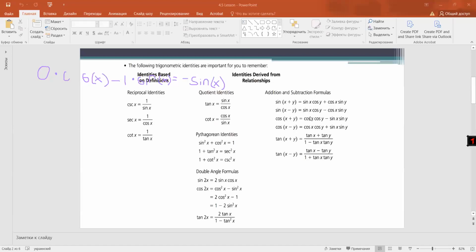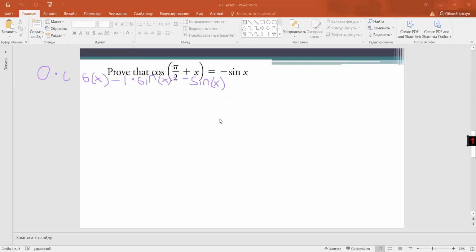Some of the basic formulas could be easily proven based on the Pythagorean theorem and basic trigonometric functions. But addition and subtraction formulas are not so easy to prove, and you don't really need to prove them right now, but we can do that by using the Pythagorean theorem and more simple formulas. But for now, just use the formula as it is.